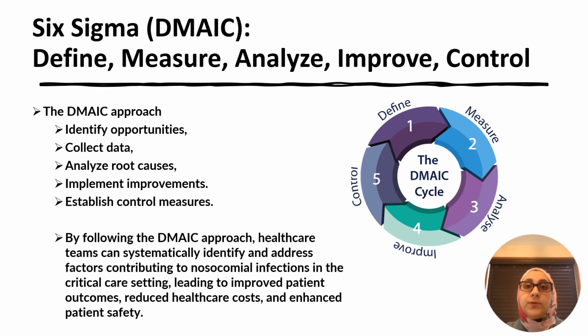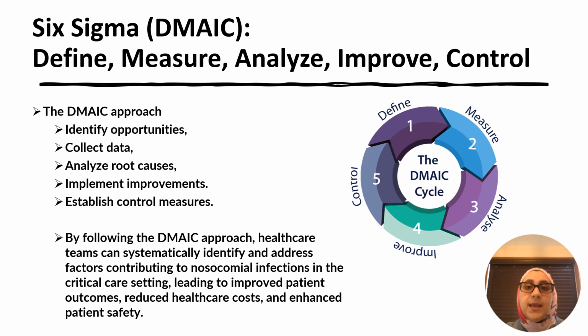The key principles of Six Sigma include focus on customer requirements and satisfaction, use of data and statistical analysis for decision making, and emphasis on process improvement and waste reduction. Also cross-functional teamwork and collaboration, and leadership commitment and support.